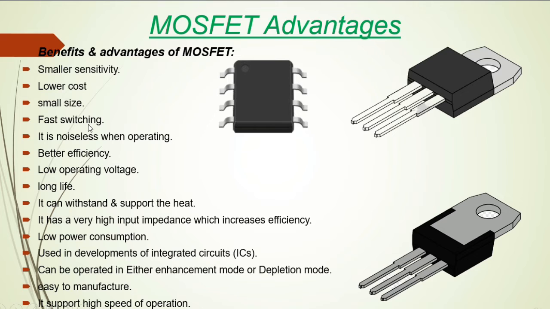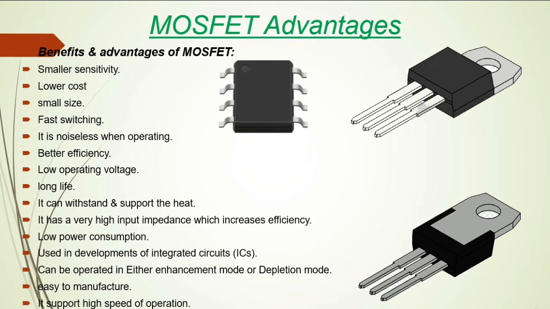Fast switching is one of the advantages of the MOSFET. When we apply a voltage on the gate of the MOSFET, we get electric current flow between drain and source, so the MOSFET is in the on state.